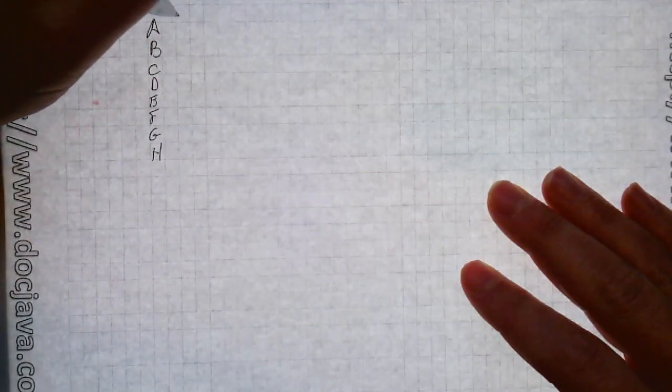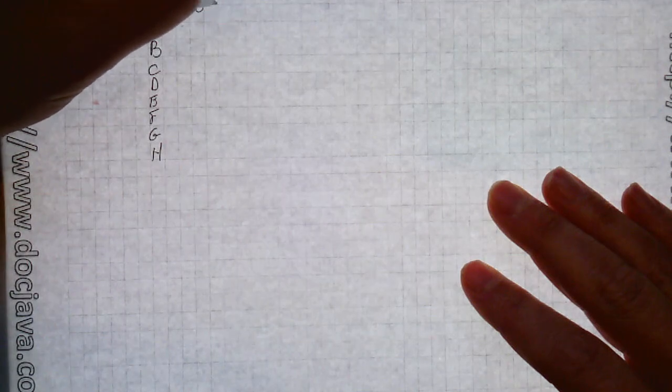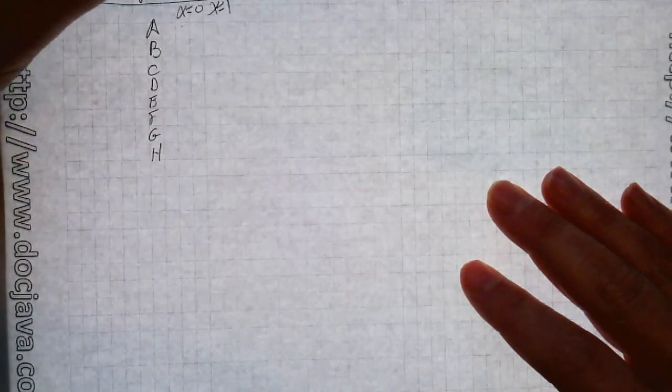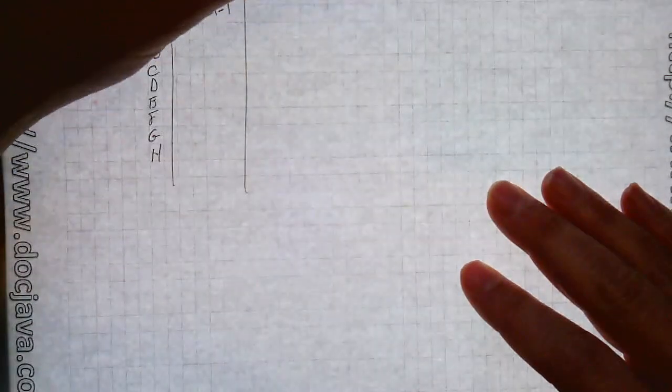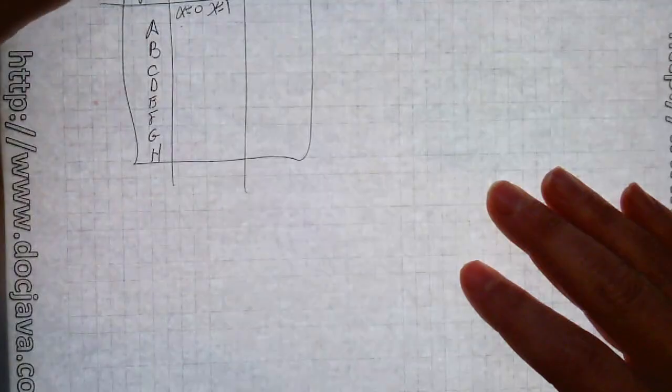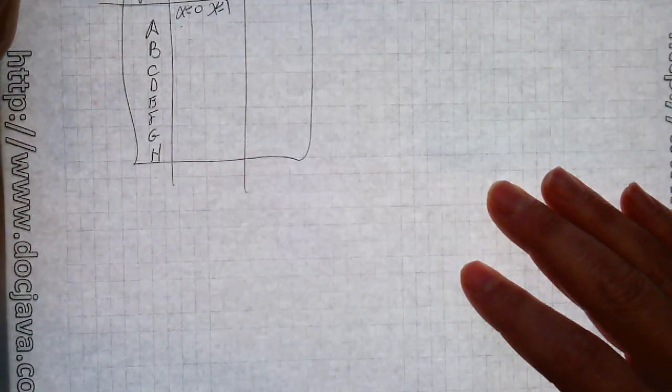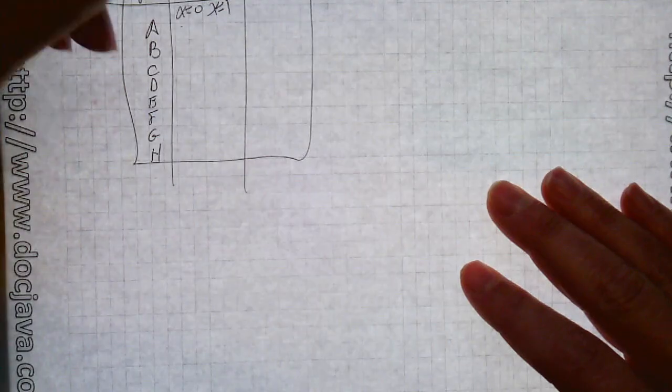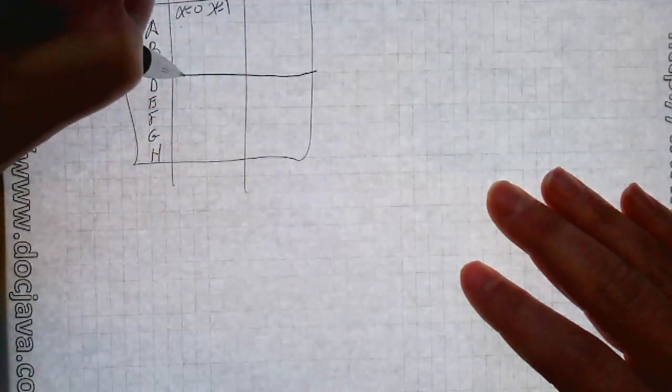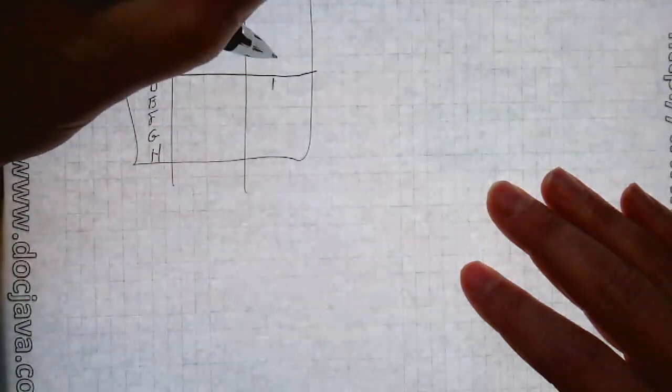And then for the next state, we have x equals 0, x equals 1 with an output. And now the output is going to be 0 except for line D, where it's a 1.